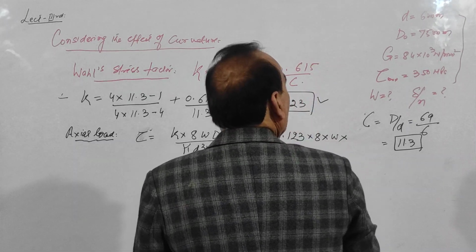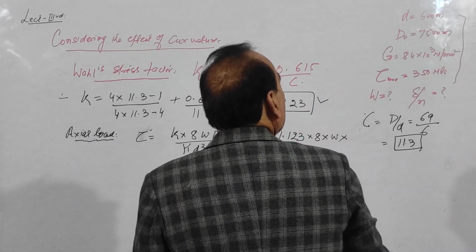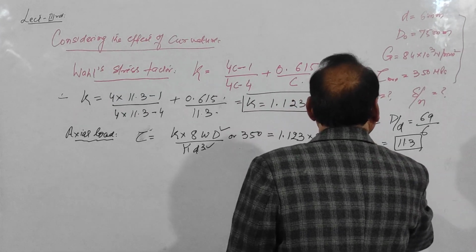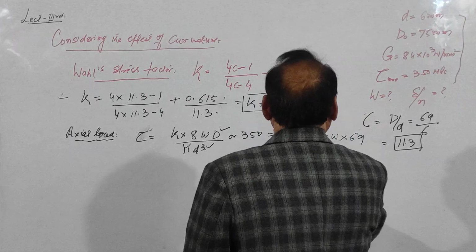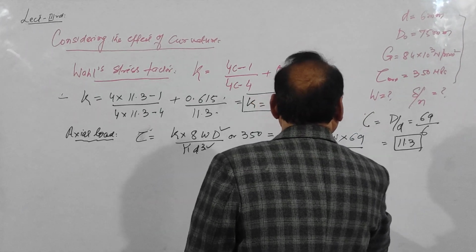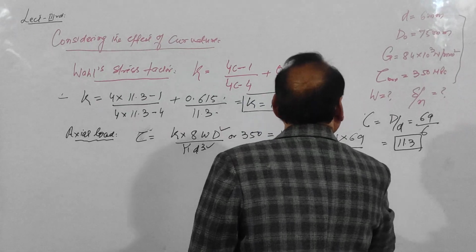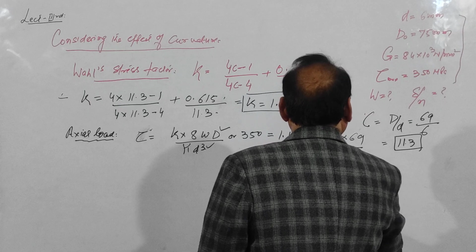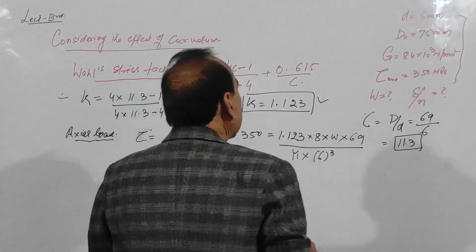D is how much? D is your 69, right? So D is 69, pi into small d, which is 6, whole cube, right?